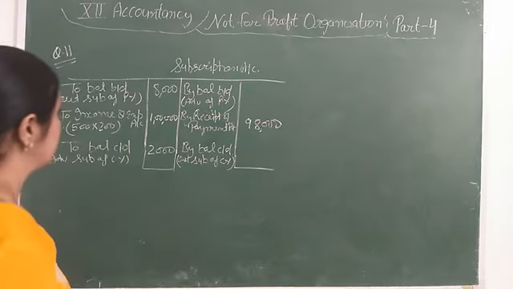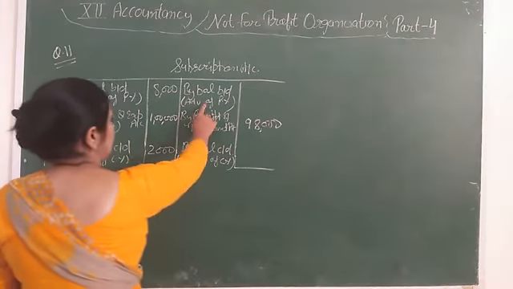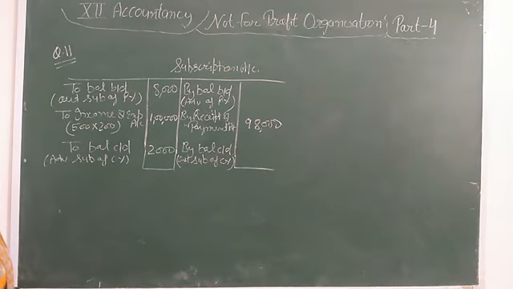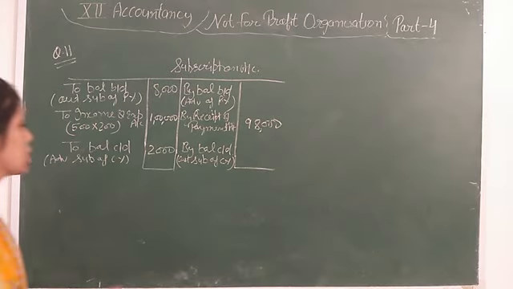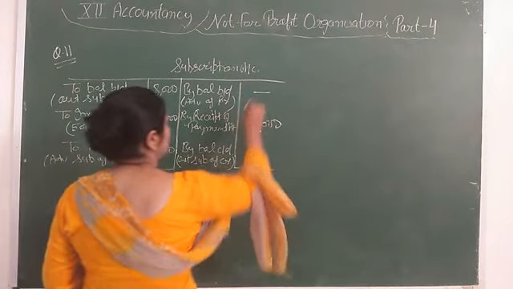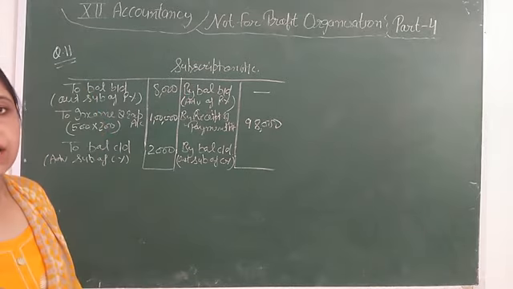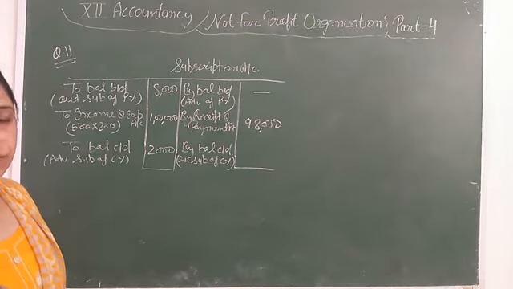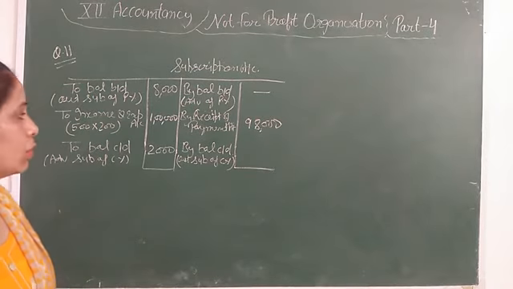One thing, that advance of the previous year: in the previous year no member has paid us subscription of the current year. If it were there, then surely it would be given to you in the question. If it is not given in the question, it means no member has paid in advance in the previous year. So you will put blank here.